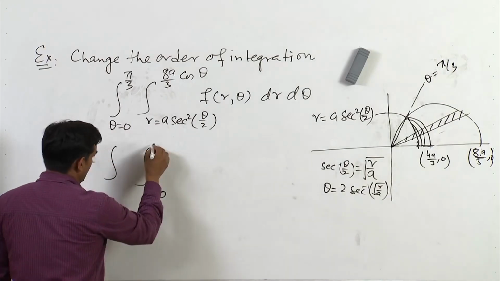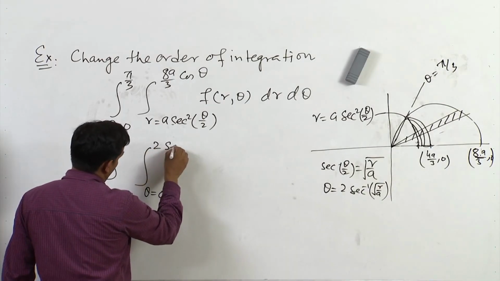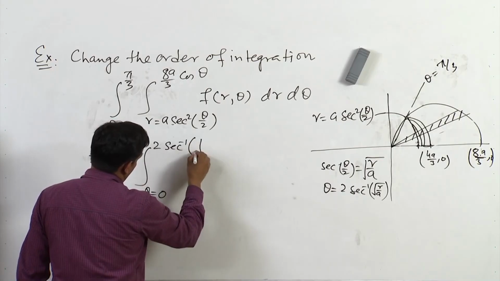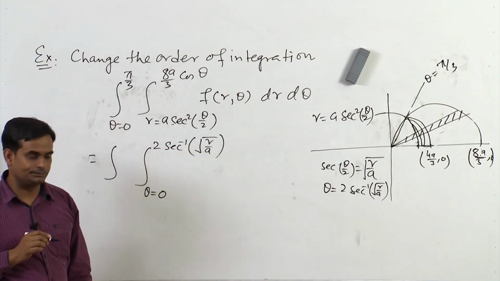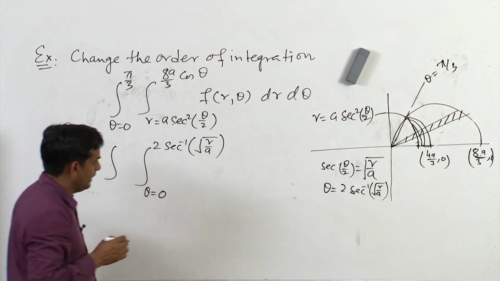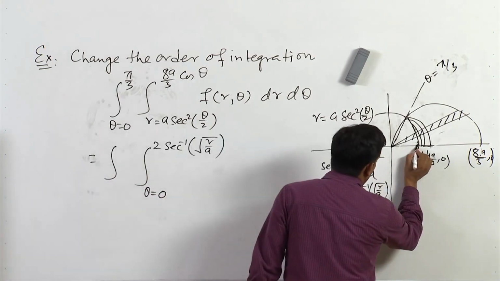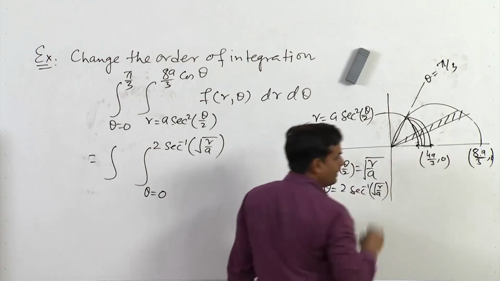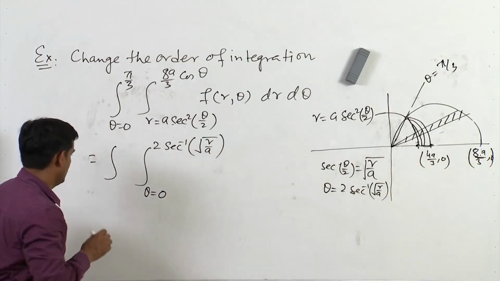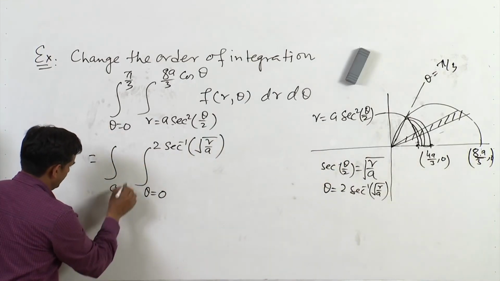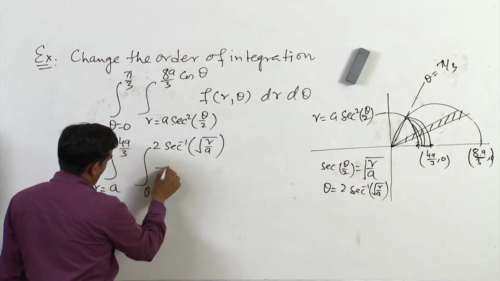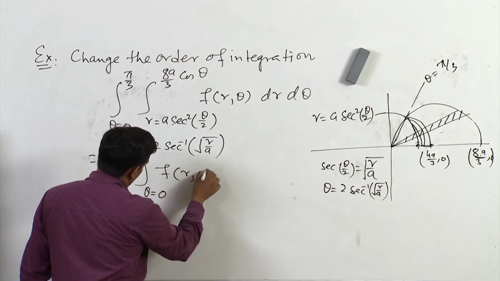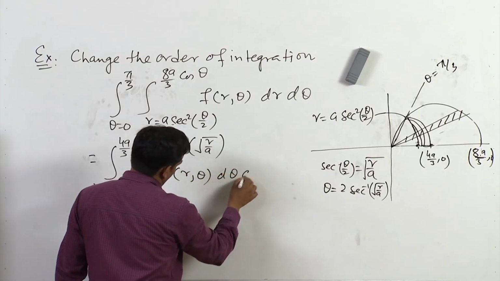So, theta goes from 0 to 2 sec inverse square root of r upon a, and r is starting from r equals a and going up to 4a by 3, f(r, theta) d theta dr.